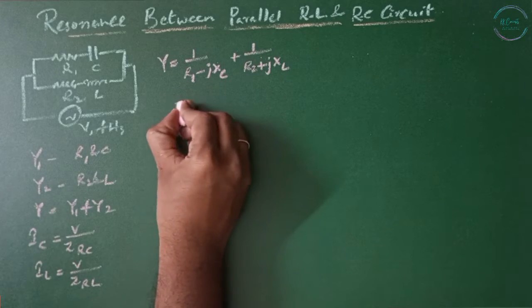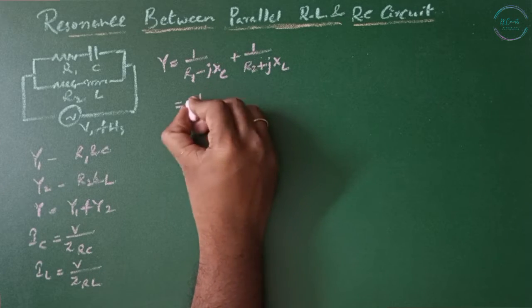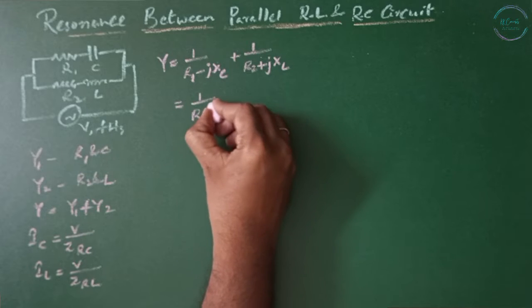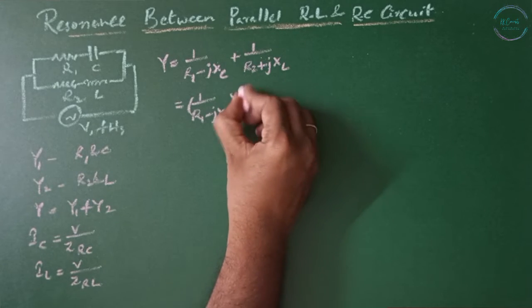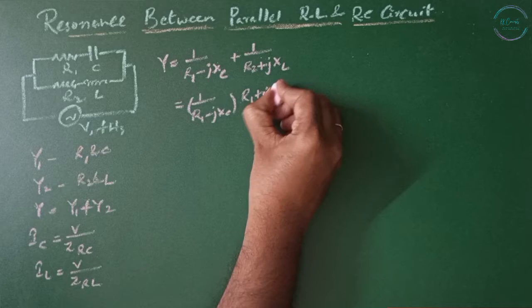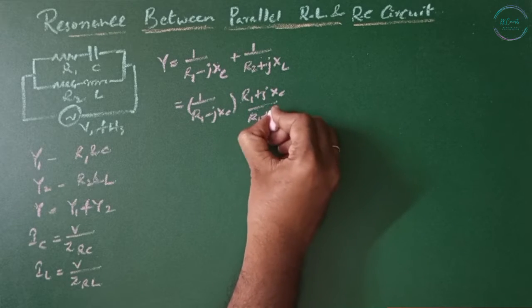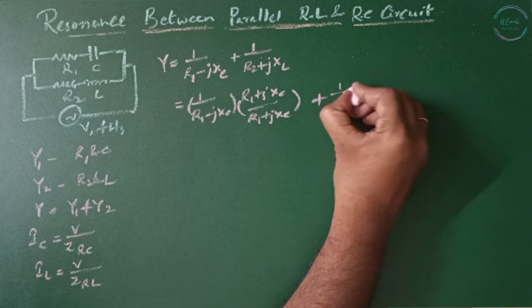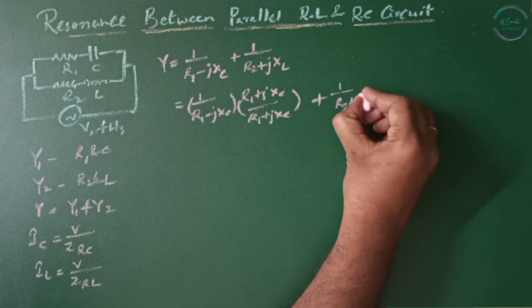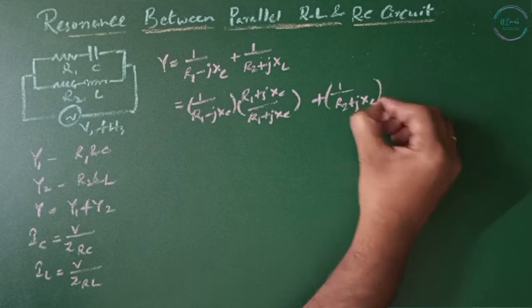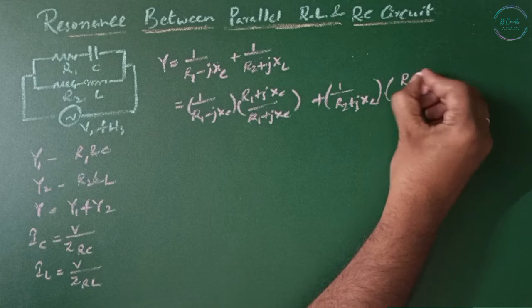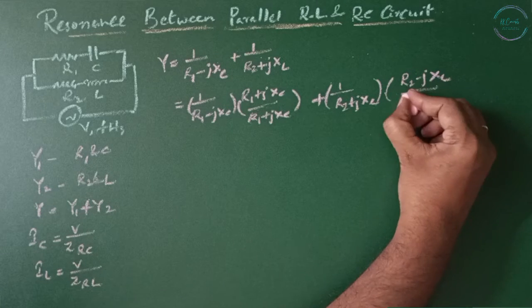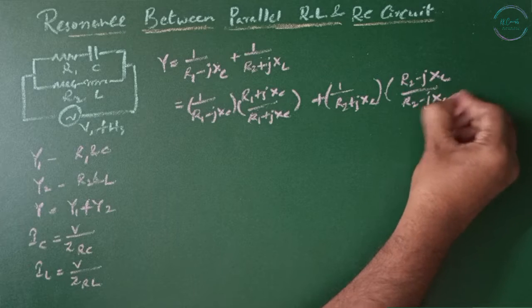Total admittance is given by multiplying the first term with R1 plus J XC over R1 plus J XC, and the second term, 1 by R2 plus J XL, with R2 minus J XL divided by R2 minus J XL.